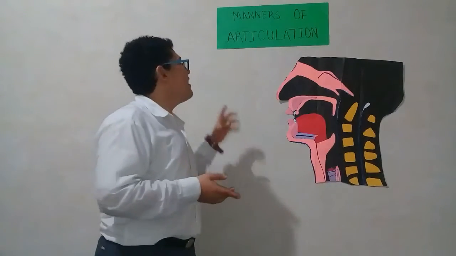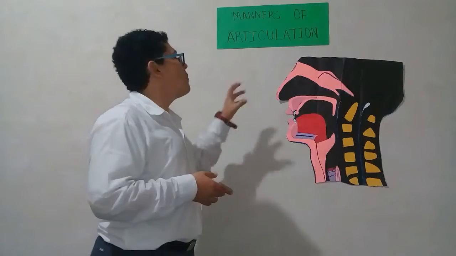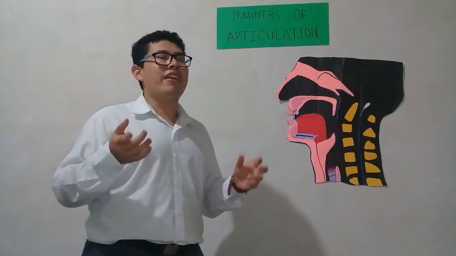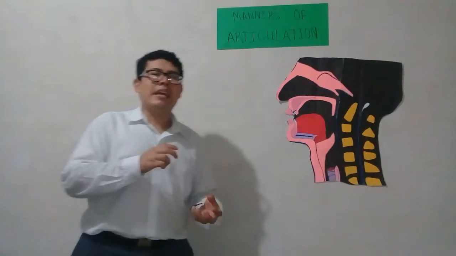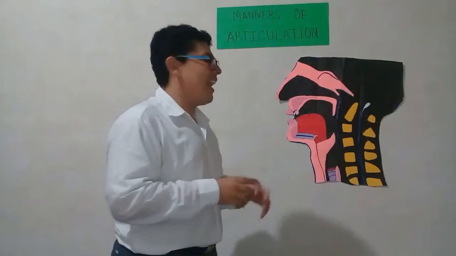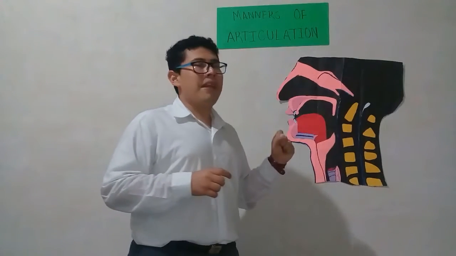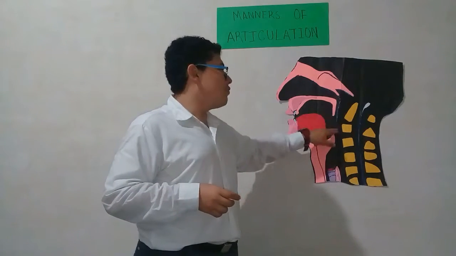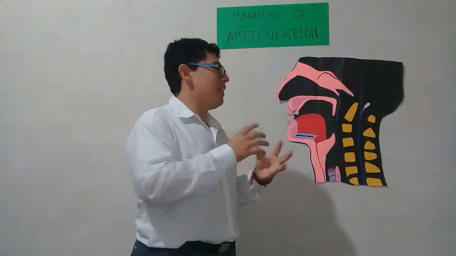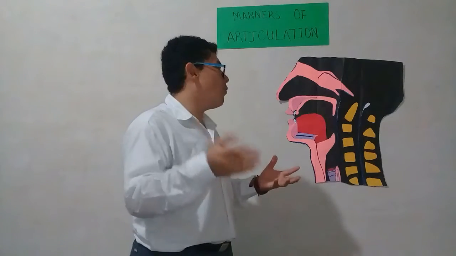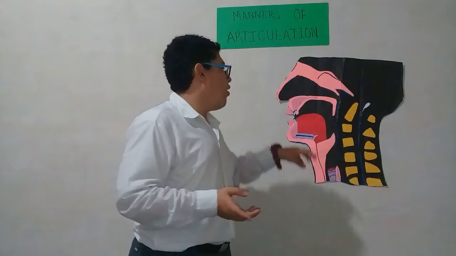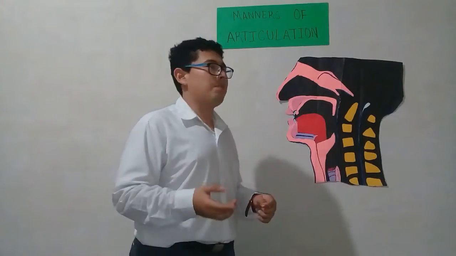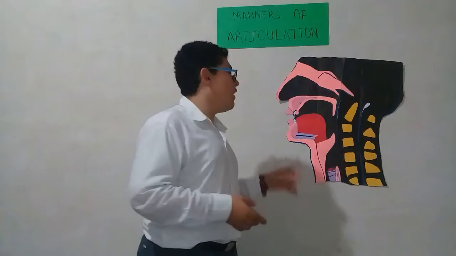Next, we can identify also the manners of articulation. There are other types of sounds that are mixing the places that we can identify, but in this case, the manners of articulation are basically related to the air flowing in the whole vocal tract, and also the parts in the vocal tract can be narrow or broad, depending on the place and the manner that we are using to express one sound or one word.